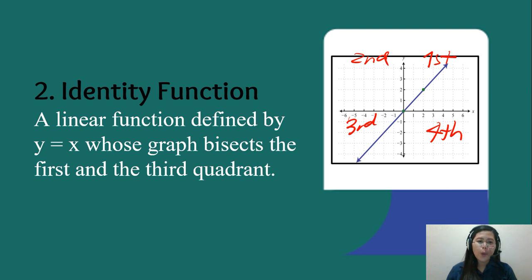So, ibig sabihin po, pag sinabi daw pong identity function, nagbabisect lang daw po ang graph niya sa first and third quadrant. Okay? So, yan lang po. Diyan lang po ang graph niya. First and third quadrant. Hindi siya pwedeng maging paganto na second and fourth. Okay? That is y is equal to x. Tandaan po natin yan ha, si identity function.